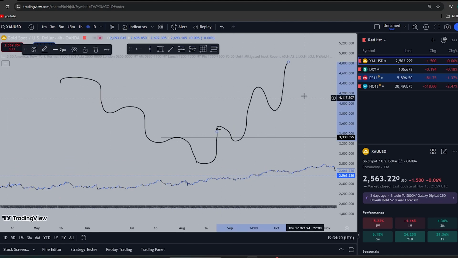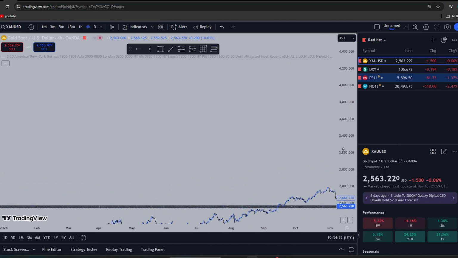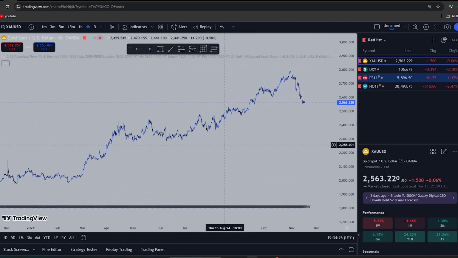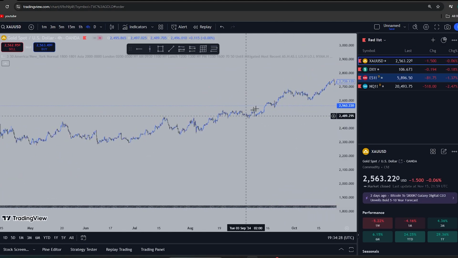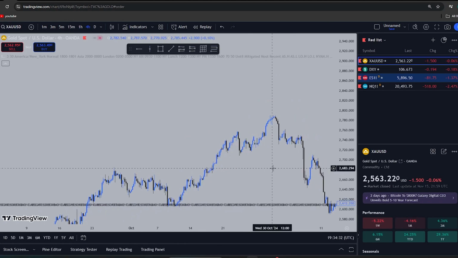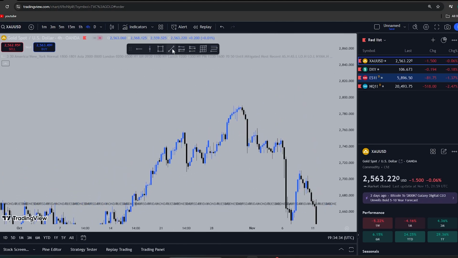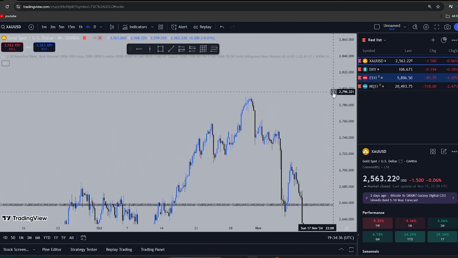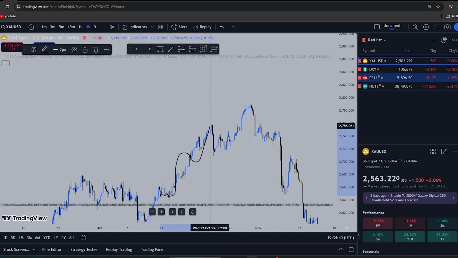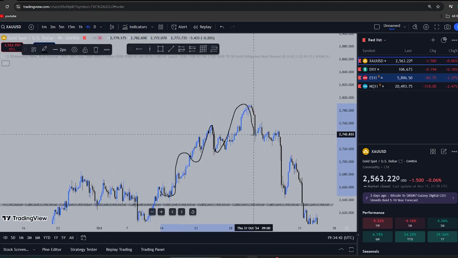Now I can go through the actual chart, gold, which is what I've been trading for quite some time now. This is what I've become profitable on. Here, most recent, right? As we can see, we've been in an uptrend. Market's kind of going like this, up, down, up, down. Let me get rid of this.